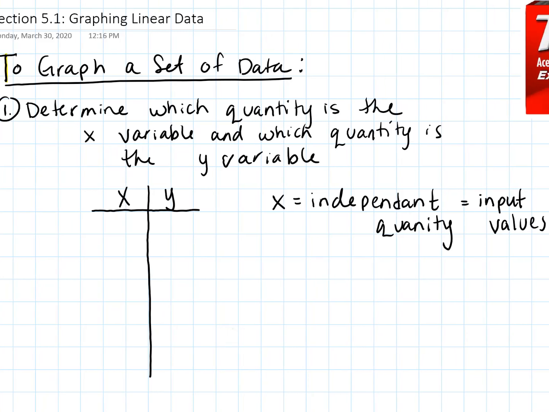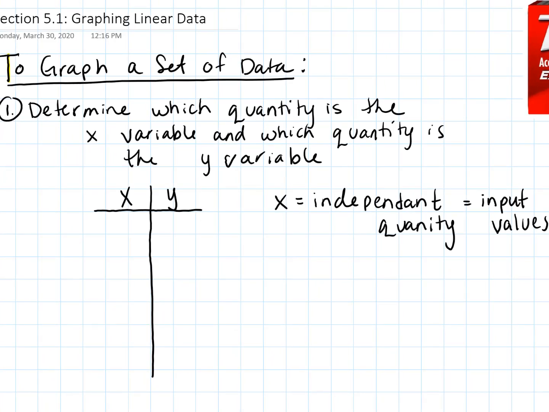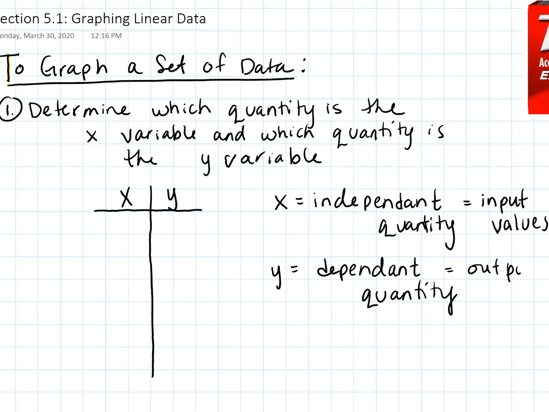So X represents the input or the independent quantity, and Y represents the dependent quantity, or the output values.